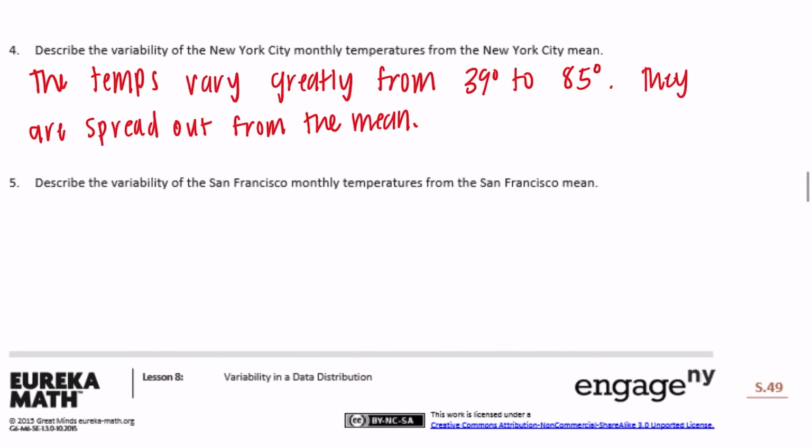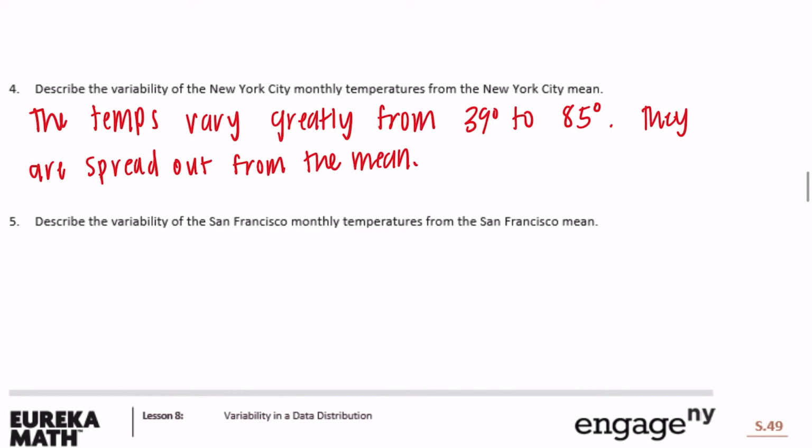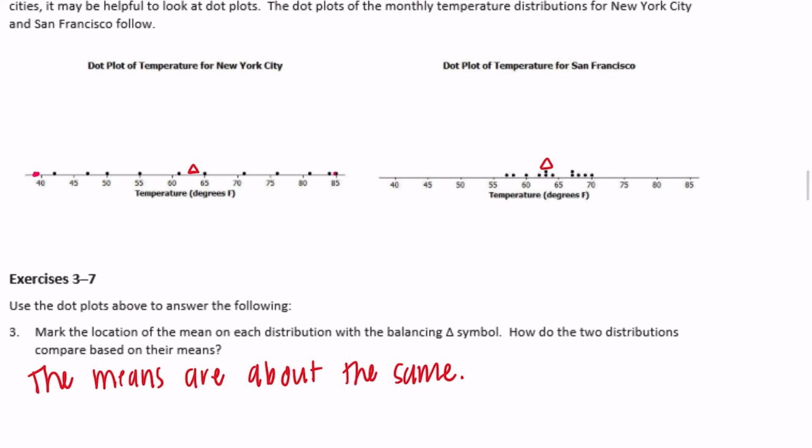Number 5, describe the variability of the San Francisco monthly temperatures from the San Francisco mean. So the temperatures are kind of clustered here around the mean. They kind of are all right in that same area.